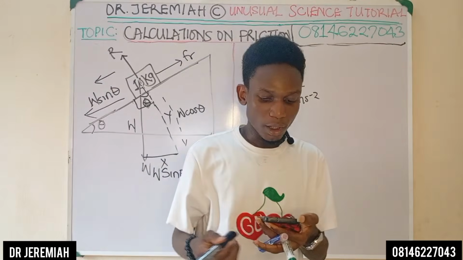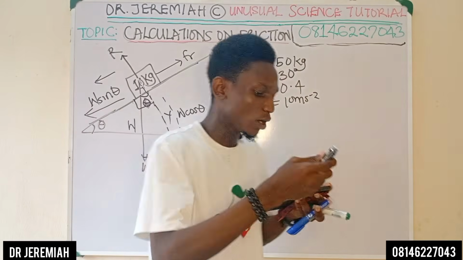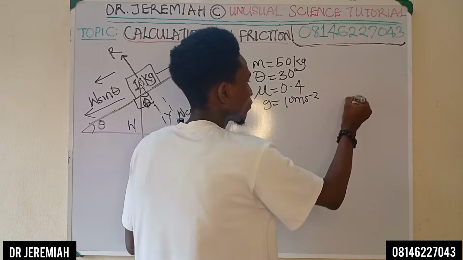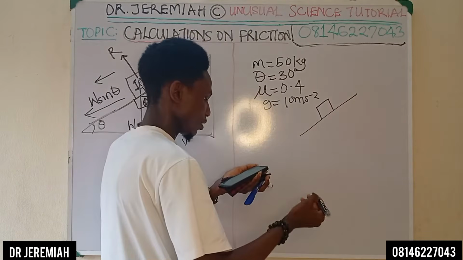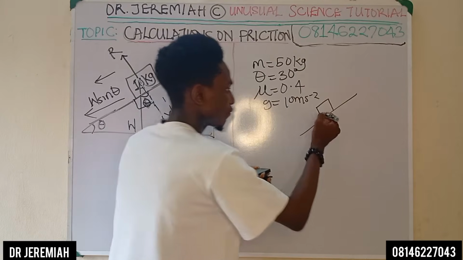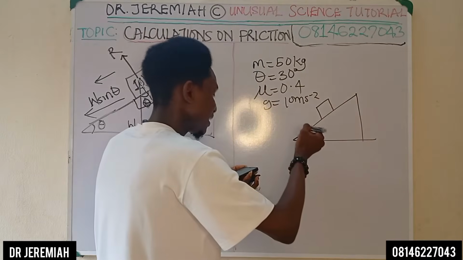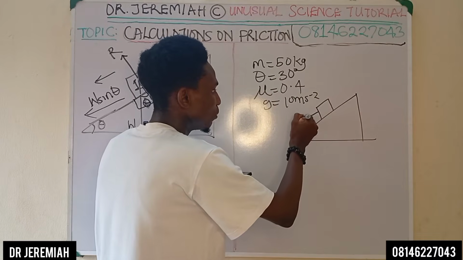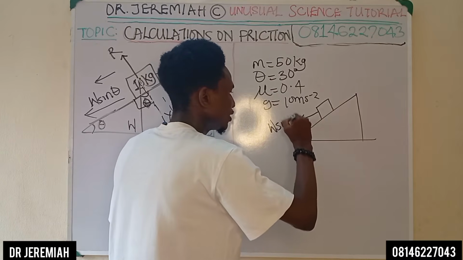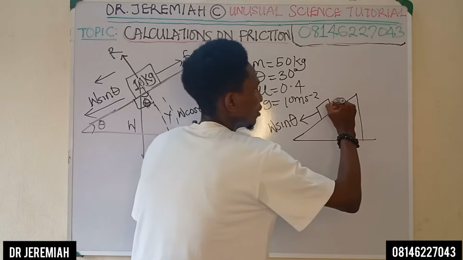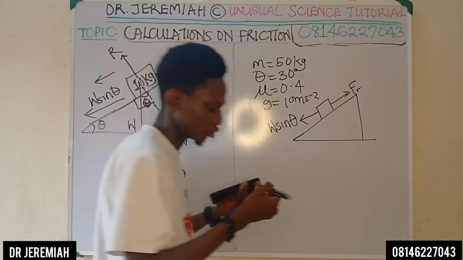Now the question says the block slides down the plane. So draw the diagram. Let's just draw a simple diagram. It slides down, so the body is moving downwards. Normally we have our W sine theta here. Since the body is sliding downwards, frictional force is acting upwards.